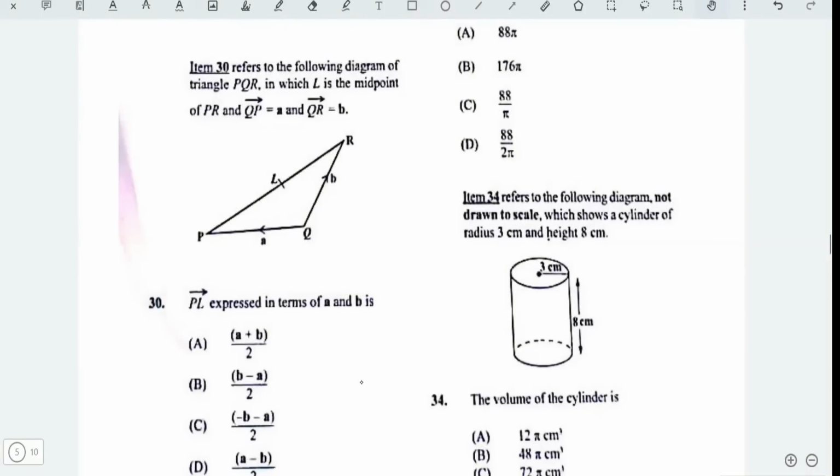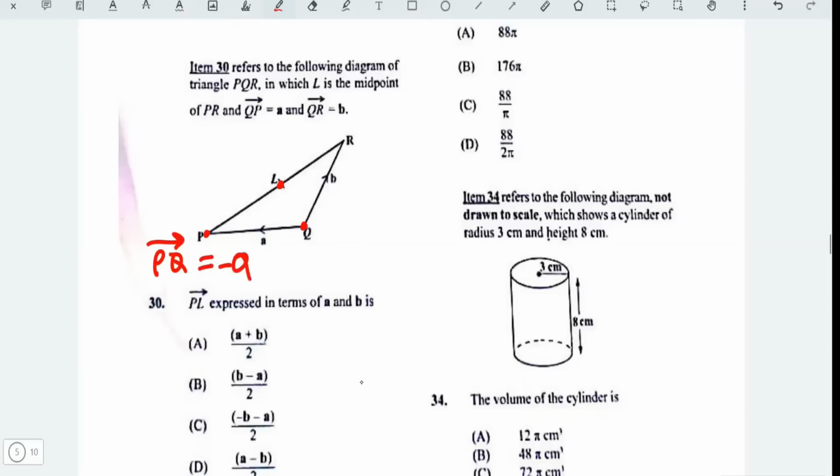Question 30 says, find out what is vector PL. L is the midpoint of PR. We need to go from P to L. To go from P to L, we can go from P to Q, and PQ is going to be negative A. We need to write that down.